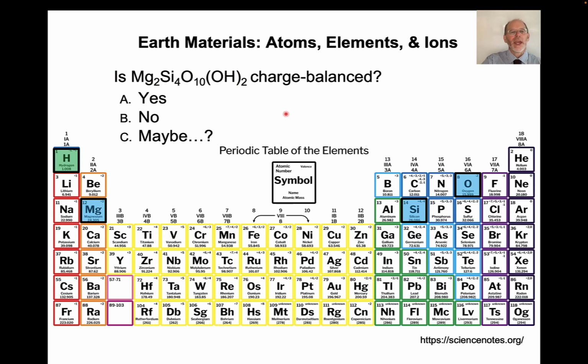Is this compound, magnesium silicate with hydroxyl, charge balanced? The answer is no. If you add up the negative charges, you'll find they exceed the positive charges. But this compound, if you had another magnesium in this composition, then the charges would balance. In fact, this is the mineral talc.